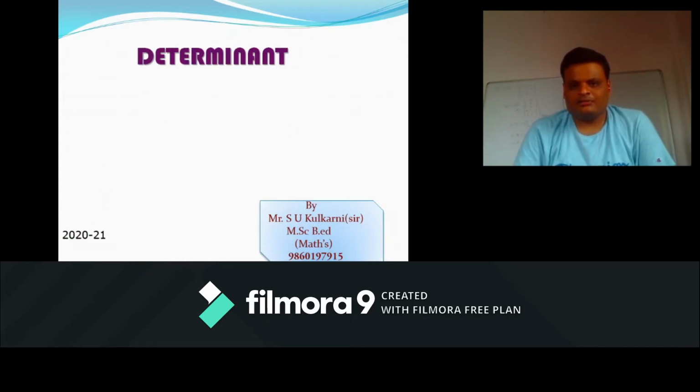Now, the high school level determinant is continued in the 11th and 12th standard, and it will continue with the properties of a determinant, different properties we are going to see, and the application of determinant.